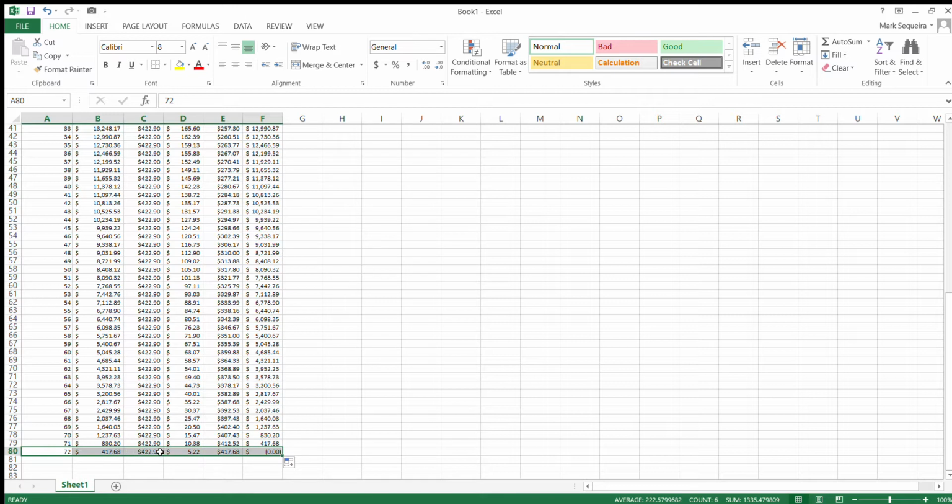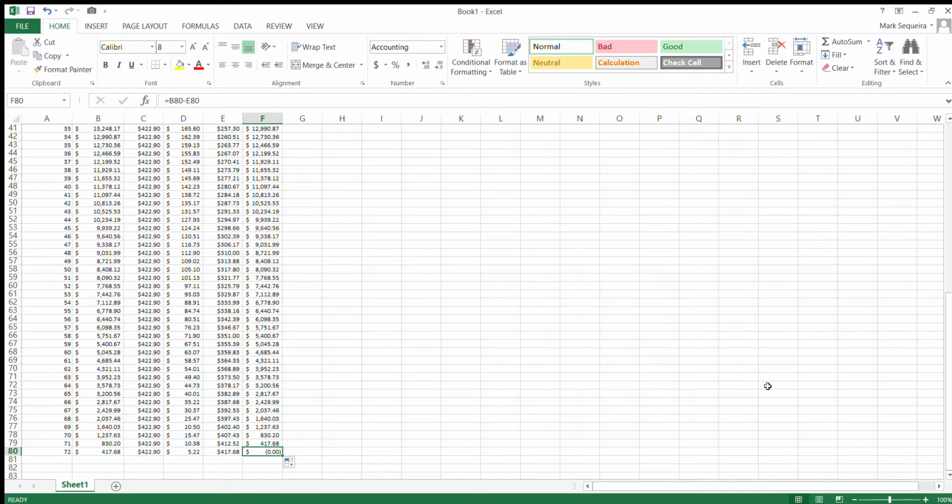You make your payment: $5.22 goes to interest, the rest, which is $417.68, goes to principal, and you're left with a zero balance. Hooray! Your car loan is paid off, and everything is wonderful, right?